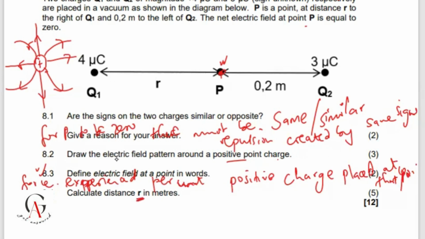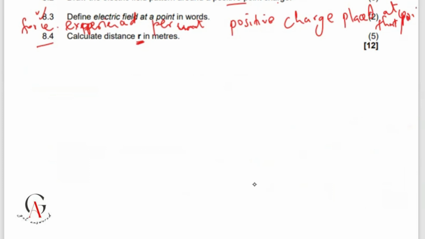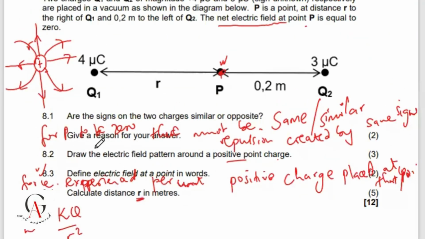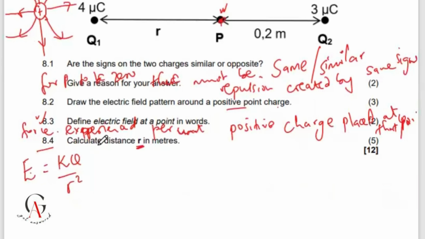But remember, they told us the net electric field. So we need to get the formula for the electric field, whereby we know that E is KQ over R squared. So we need the electric field at P as a result of Q1, and then that one as a result of Q2.